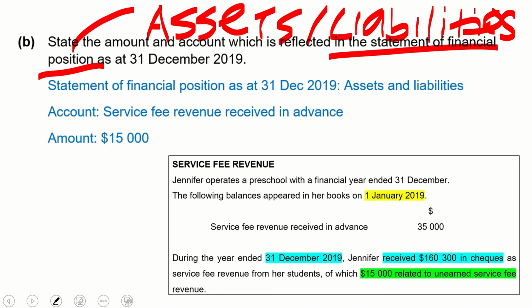You owe your customer work. What work is it? It is this $15,000 that relates to unearned service fee. You owe your customer work, and that is called service fee revenue received in advance, $15,000.